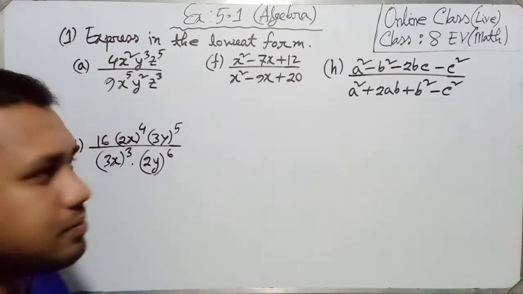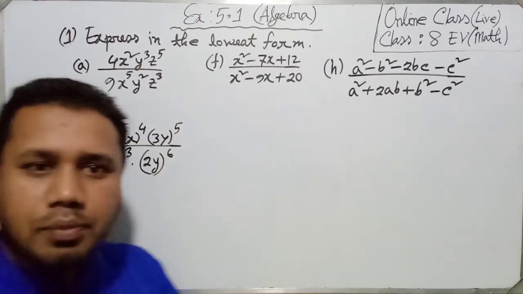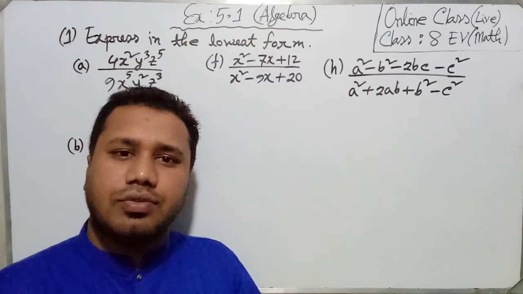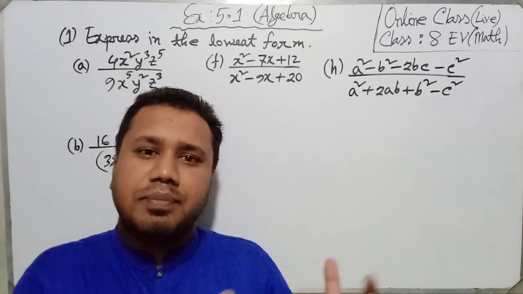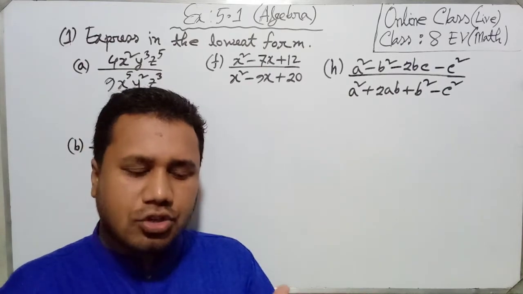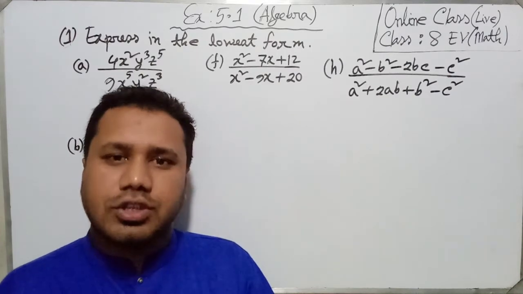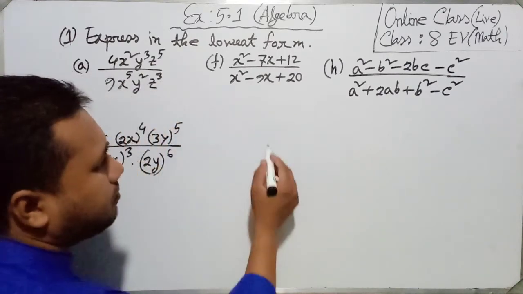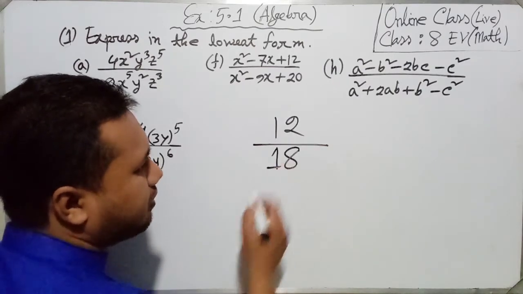Problem number 1, express in the lowest form. What is the lowest form? Lowest form means after minimization you will get a short form. Suppose an example, 12 by 18.